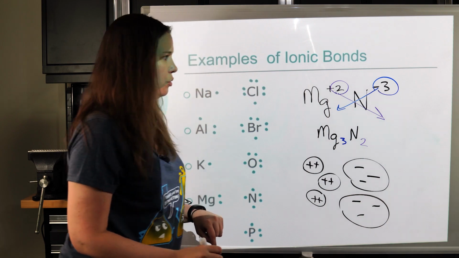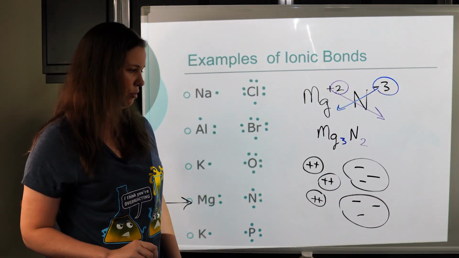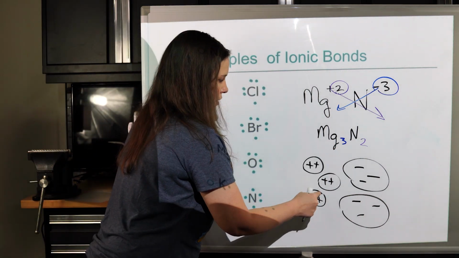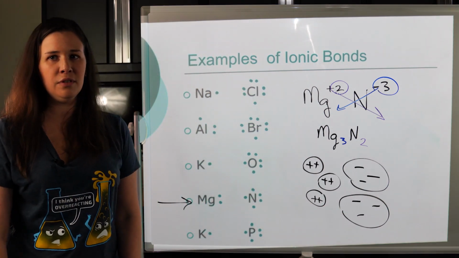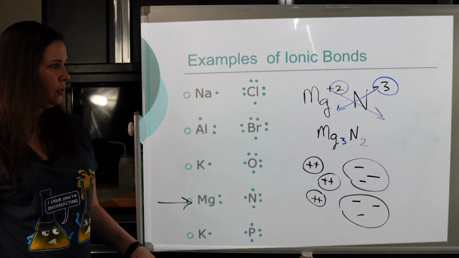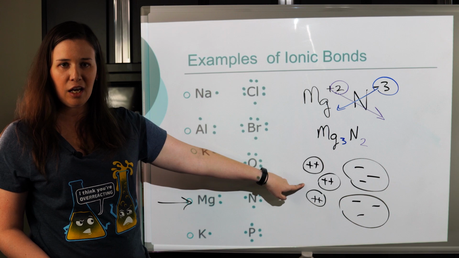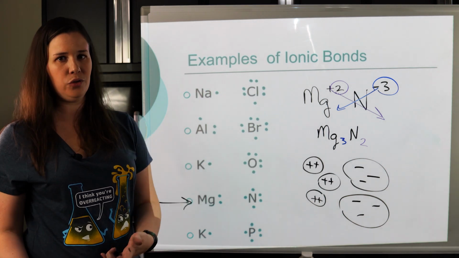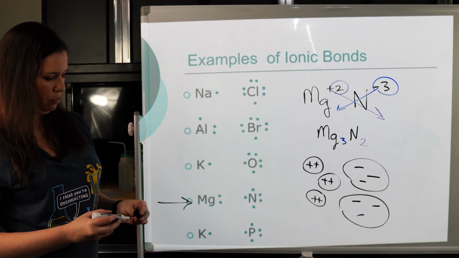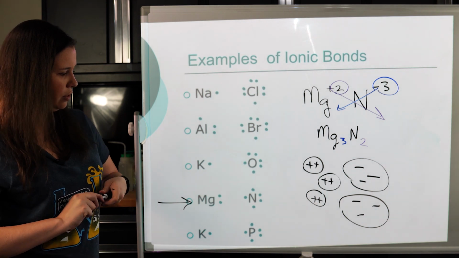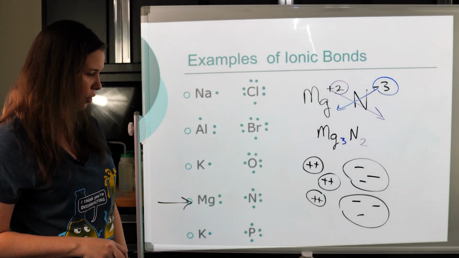So I would need 2 sets of those, according to the crisscross method. So if I have 6 positives and 6 negatives, then they would all cancel out. The crisscross method tells you exactly how many you would need in order to do that. So we'd have Mg3N2, and it does fix my cancellation problem.